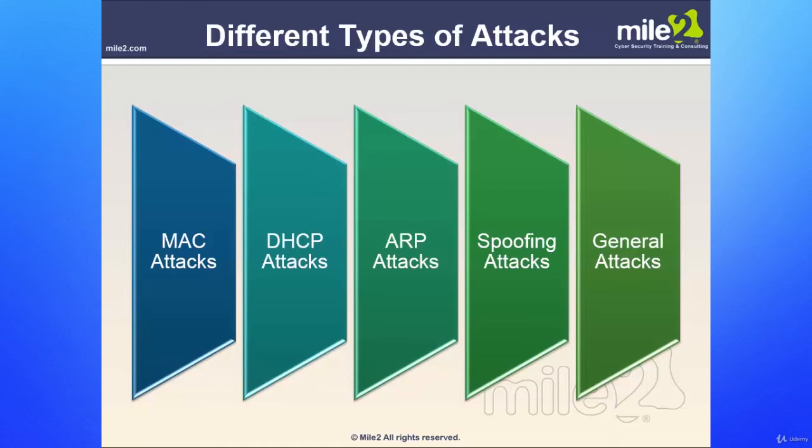Now, we can, one, do what we'll call a DHCP starvation attack. And just as it sounds, what we're trying to do is starve out the IP addresses that the DHCP server has in a given scope. We do this by bombarding it, again, using different tools. A particular tool that comes to mind is one called Yersinia, which does a pretty good job on that.